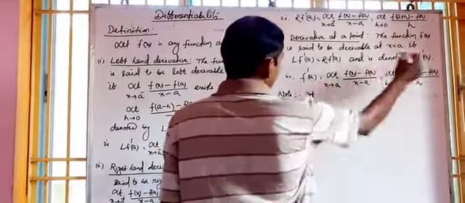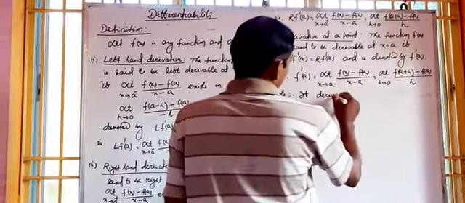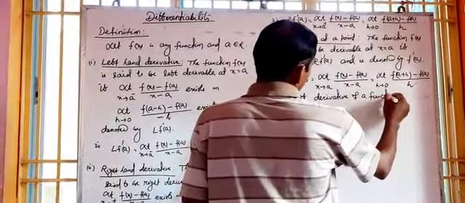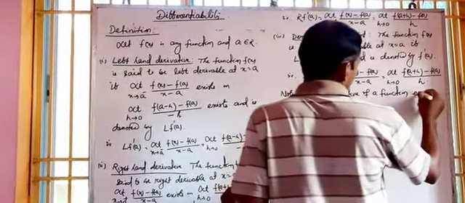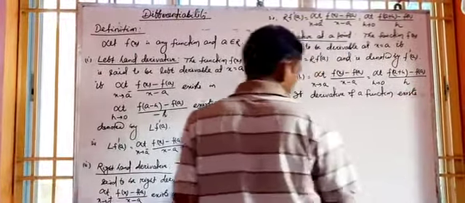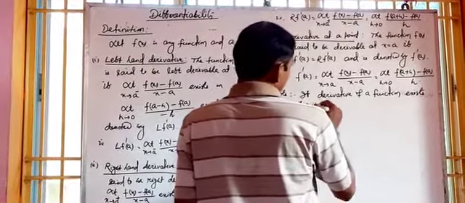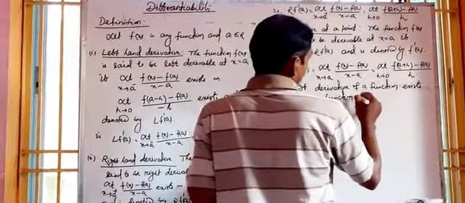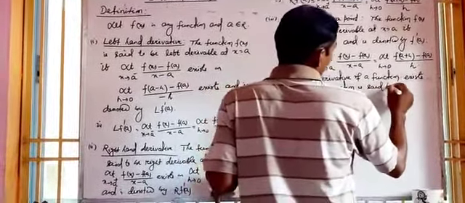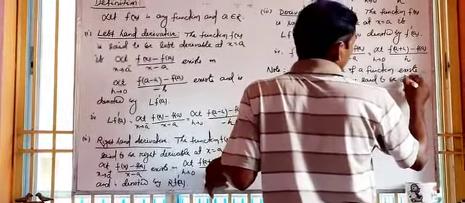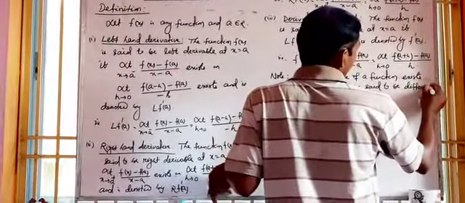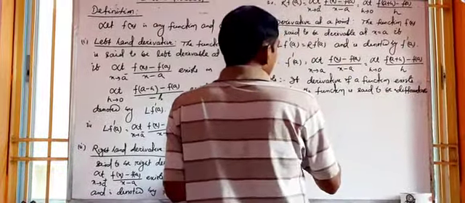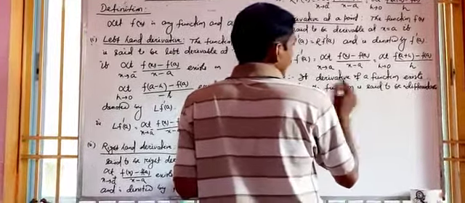If the derivative of a function exists, then the function is said to be a differentiable function.